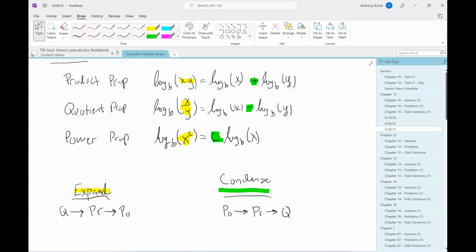And because we're looking to go from many logs to few logs, we're going to be using the properties from right to left. So the product property, you'd be looking for addition between 2 logs. The quotient property, subtraction between 2 logs. And the power property, the coefficient on a log.